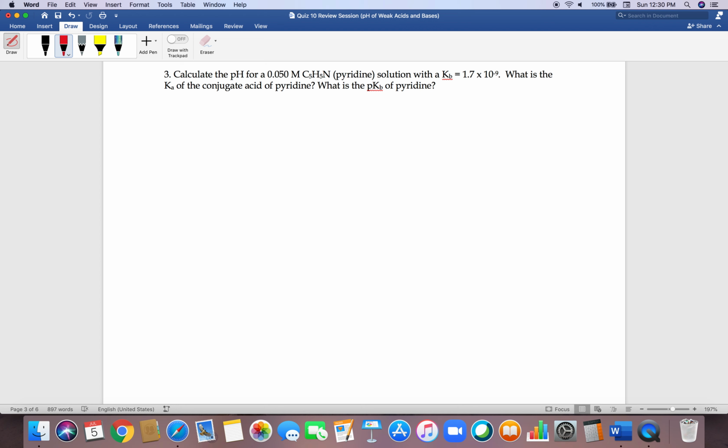So I'm going to write the dissociation of pyridine first, and it's a weak base. Because it's a weak base, remember we have to include water. And we need to include the equilibrium symbol. And we're going to get the conjugate acid.